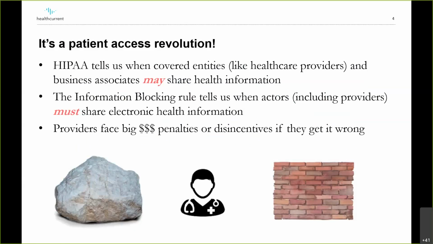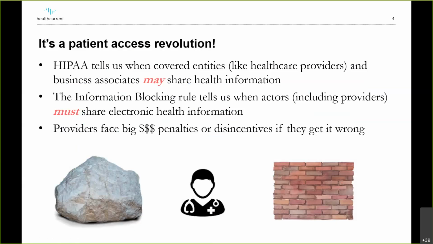With a few exceptions, HIPAA doesn't mandate the sharing except for certain patient access rules. The rest of the rules are permissive, so it allows healthcare providers to share information, but it doesn't require you to. Well, now we're seeing a shift where the information blocking rule is going to tell us, or at least actors, including healthcare providers, when you must share electronic health information.